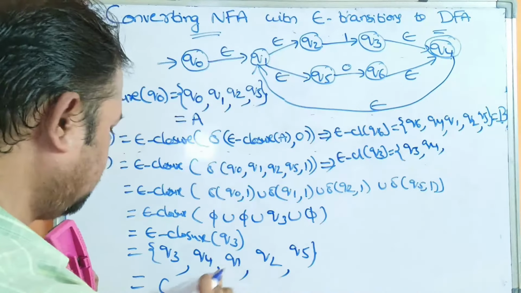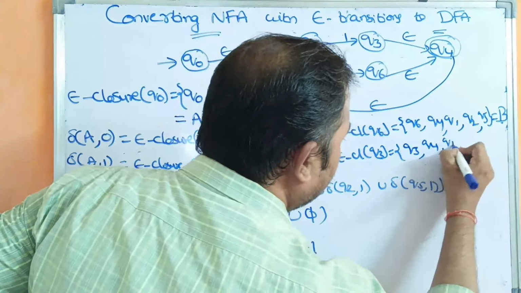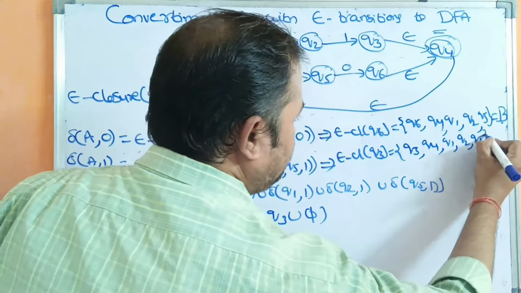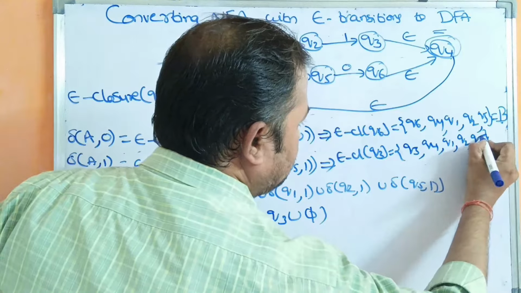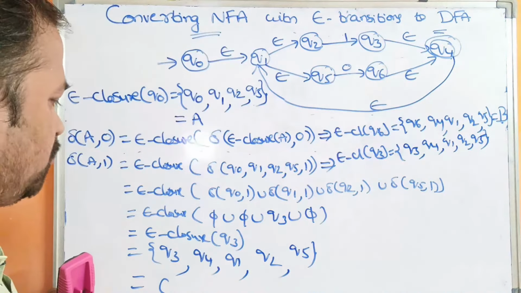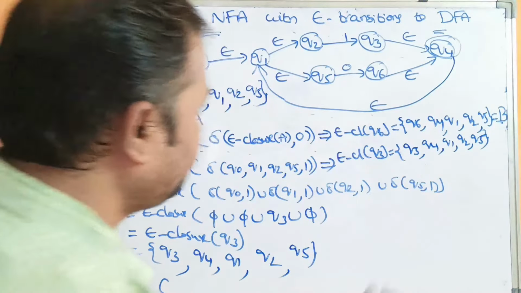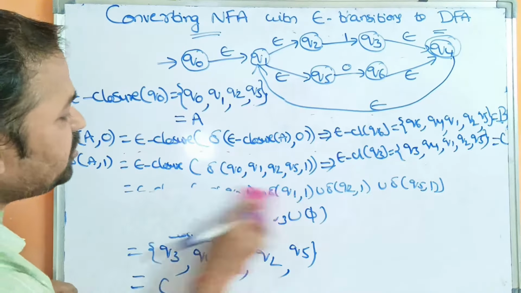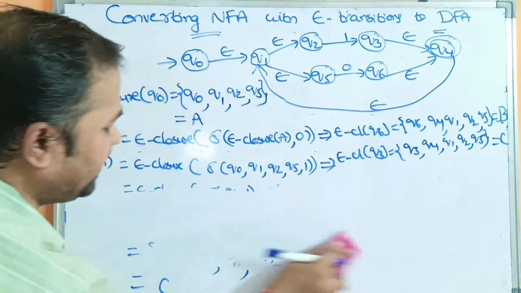Q3, Q4, Q1, Q2, Q5. So what is the state? C is the state. So now A of 0 is calculated, A of 1 is calculated.